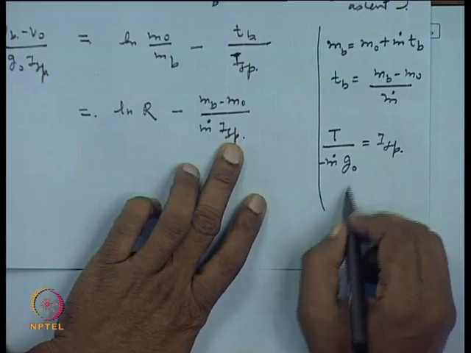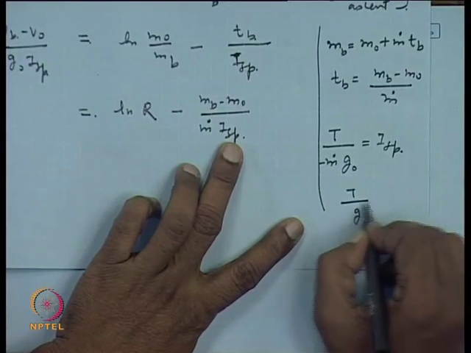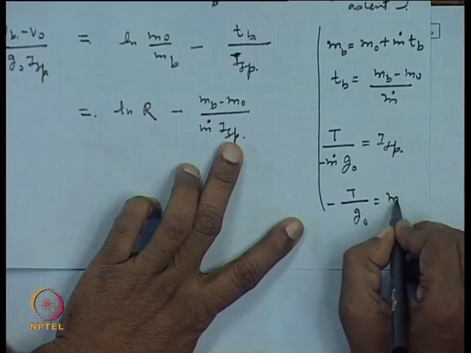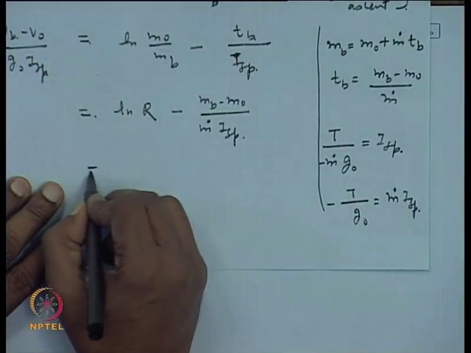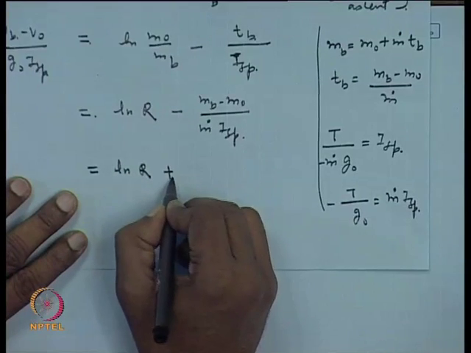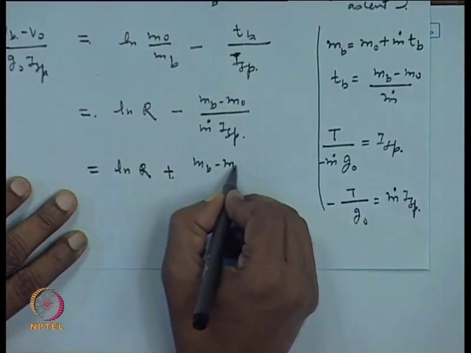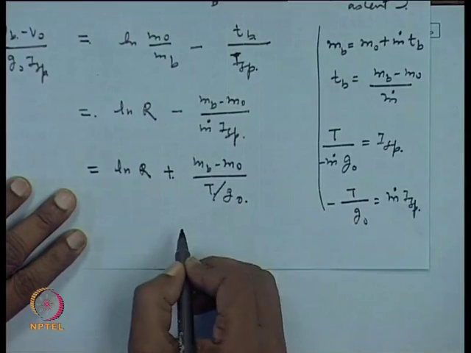So, m dot Isp is there. So, this can be written as T by minus G0, this is equal to m dot Isp. So, this gets reduced to ln r plus (mb minus m0), and this quantity we can write as T by G0.